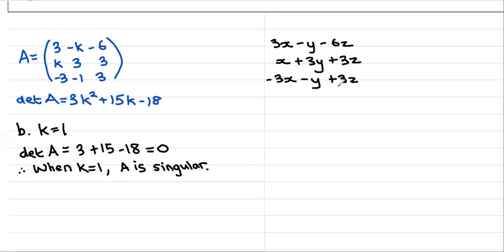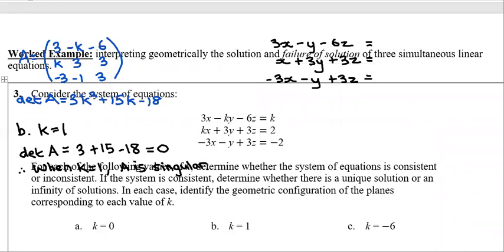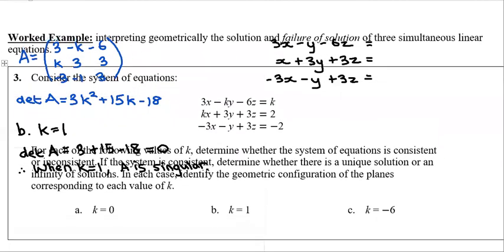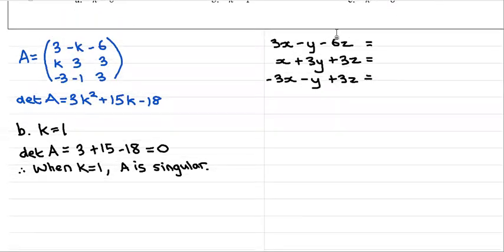Now, all that has got to be equal to the right-hand side of the equation. And I'm just going to have to check that because I can't remember what it was. K, 2 and negative 2. Let's have a look at that. So k is 1 in this case, so it's going to be equal to 1, 2, and negative 2. All right.